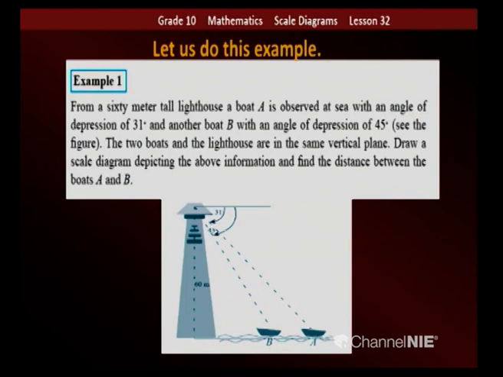From a 60-meter tall lighthouse, a boat A is observed at sea with an angle of depression of 31 degrees, and another boat B with an angle of depression of 45 degrees.